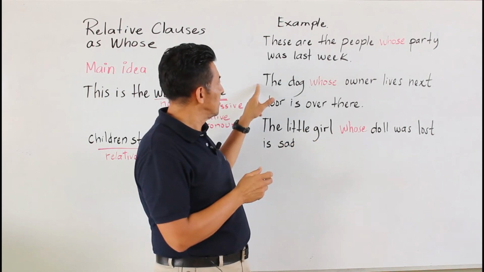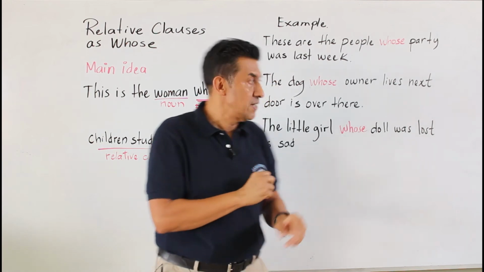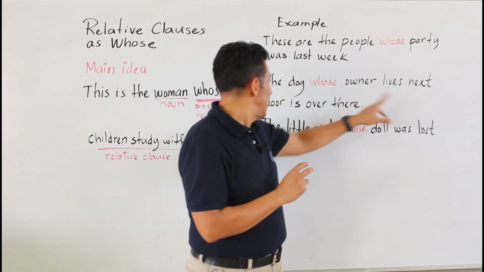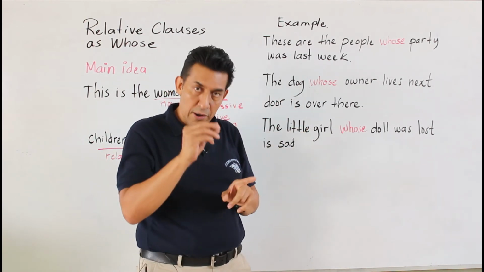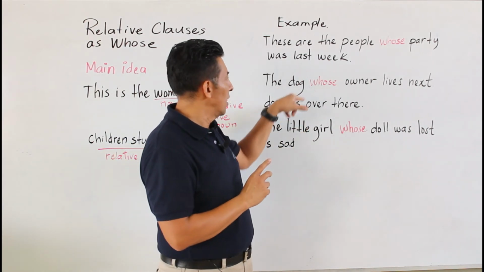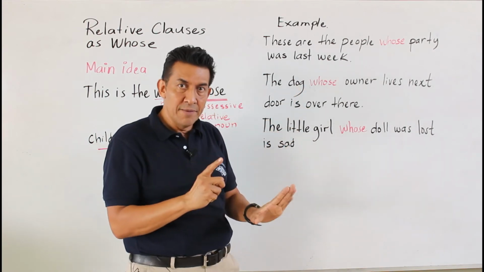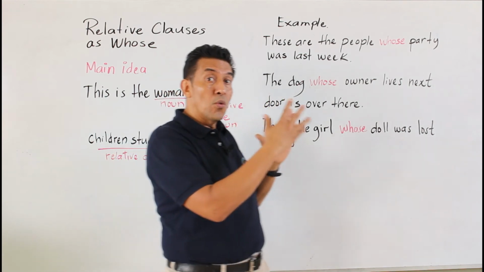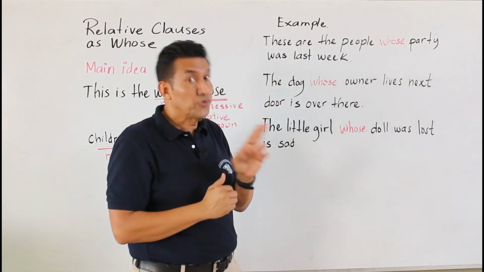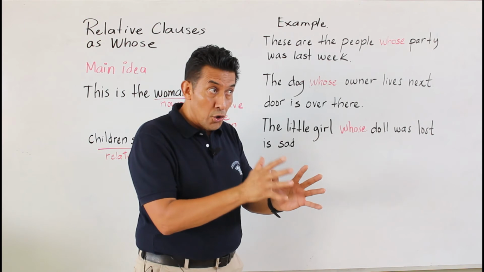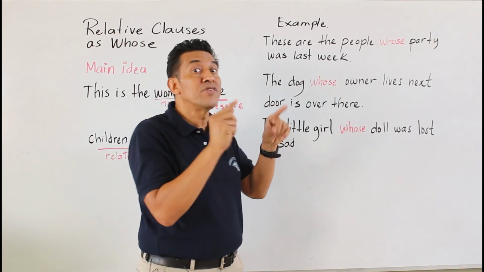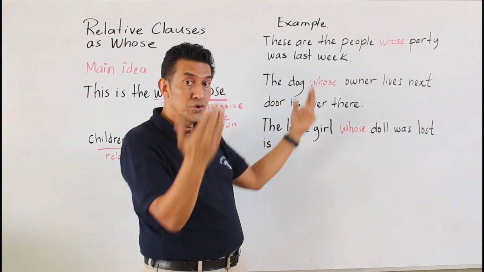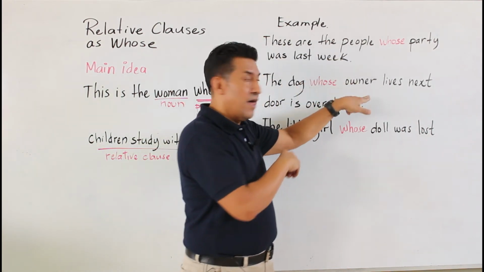Okay, and the second example says, the dog whose owner lives next door is over there. Another thing, we're talking about the dog, and we want to relate the dog with someone. Okay, so when you see the dog, you remember who's the owner. So that's why we use whose to connect the dog with the owner.